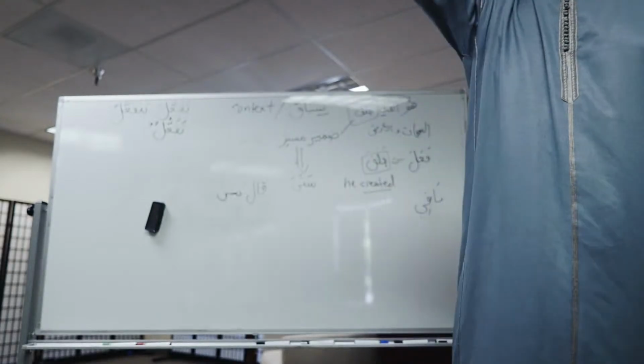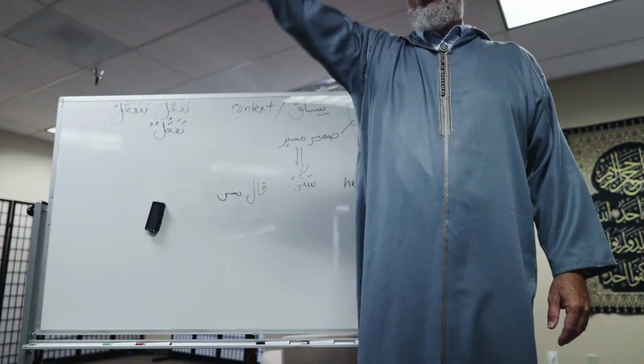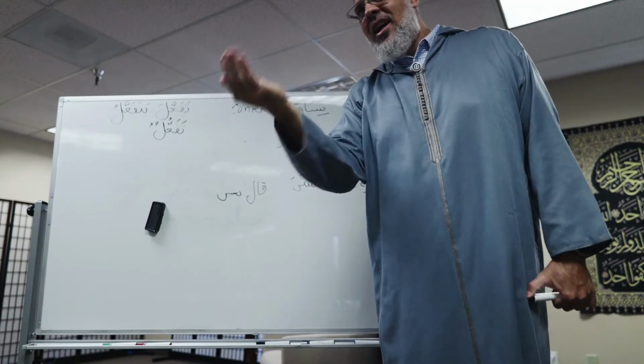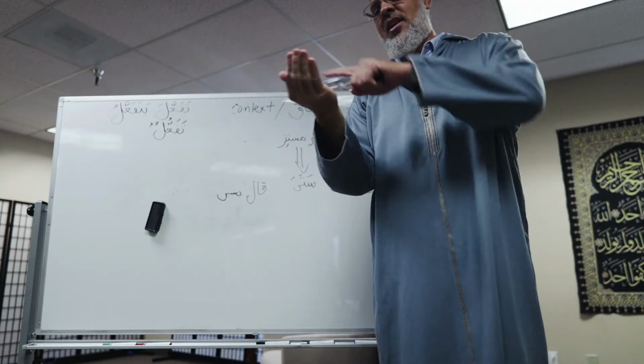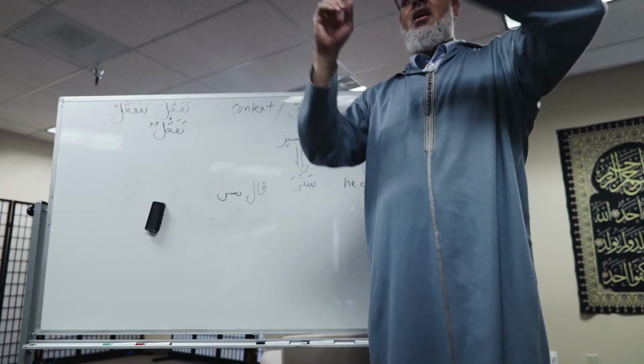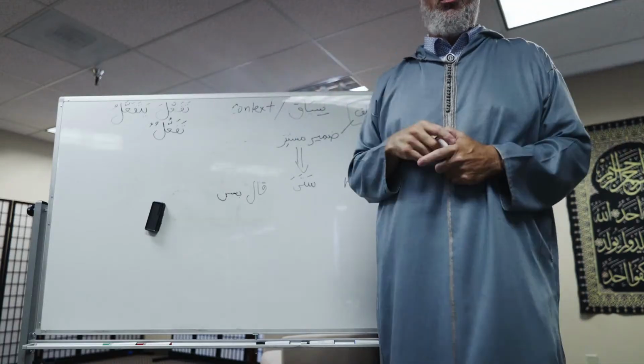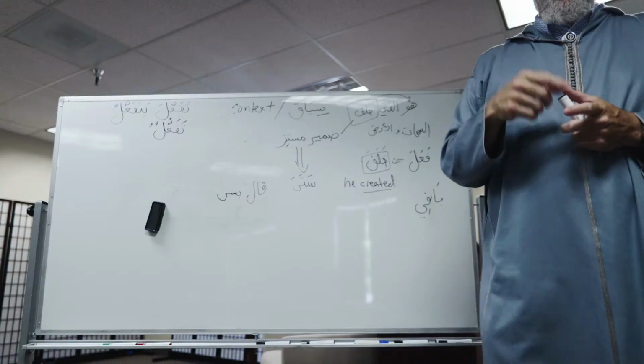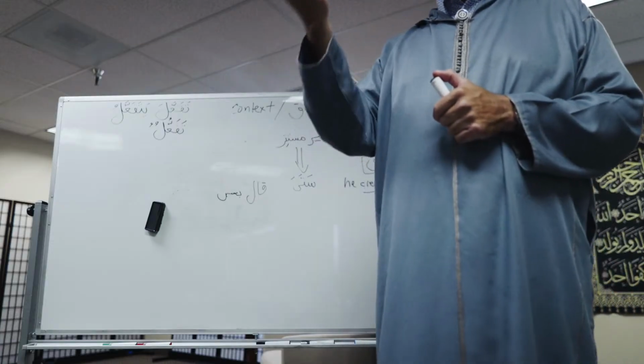غرفة. هذه غرفة ولكن هذه غرفة. هذه غرفة. So غرفة is a handful, right? So there's a difference. There's غرفة and غرفة.